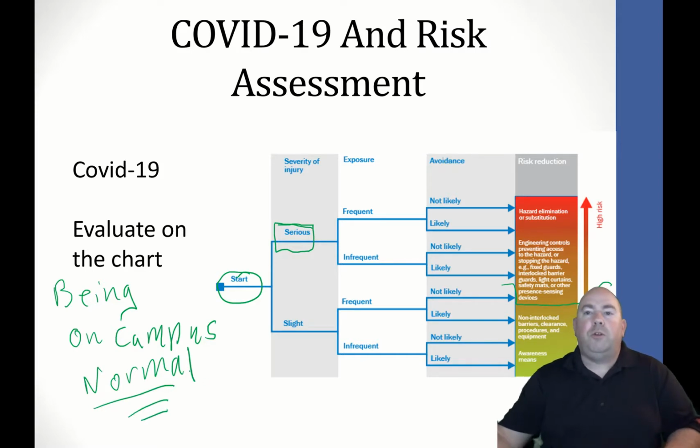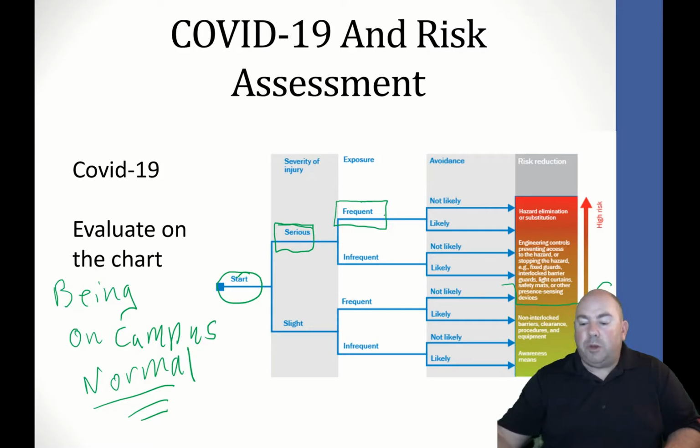If it was a normal term and you're on campus, what are the chances of exposure? If there are thousands of other students walking around, being in the same spaces together, I'm going to say the exposure chance is frequent. You're going to be in close contact with 1,000 other students a day, maybe 5,000. Statistically, I think that is a frequent exposure. You're going to be frequently exposed to the potential hazard.